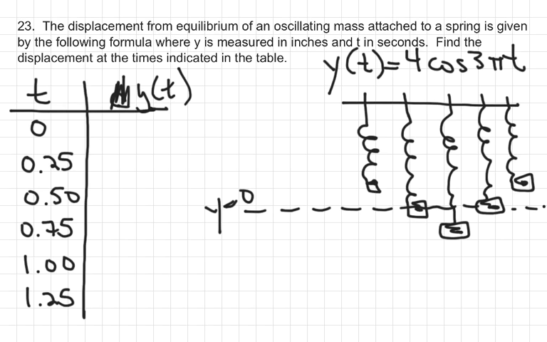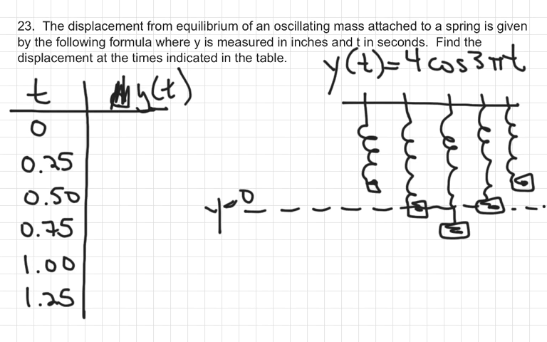Basically, y of t represents its location with respect to equilibrium, and equilibrium is when y equals 0. So all you have to do is plug these numbers into that equation for t. It's really simple, just a plug and chug problem, but there is one thing you have to determine. What mode should your calculator be in?